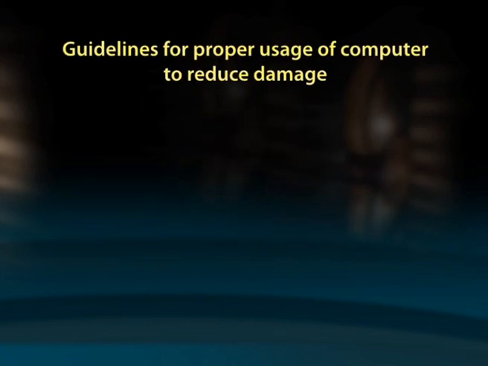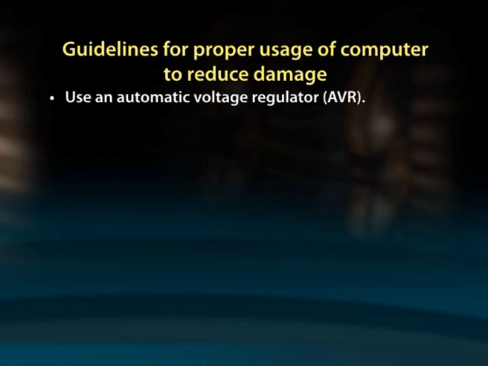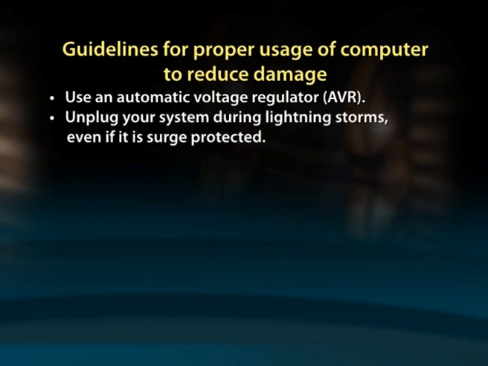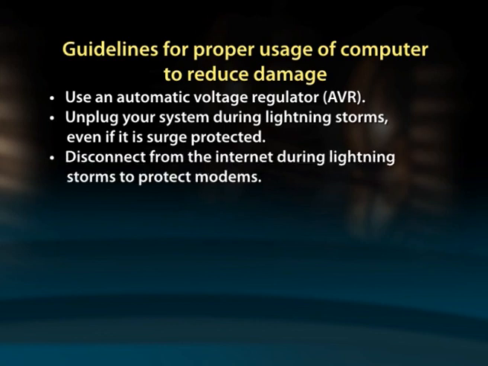Guidelines for proper usage of the computer to reduce damage. Use an automatic voltage regulator. Unplug your system during lightning storms, even if it is surge protected. Disconnect from the internet during lightning storms to protect modems. Avoid octopus connections.